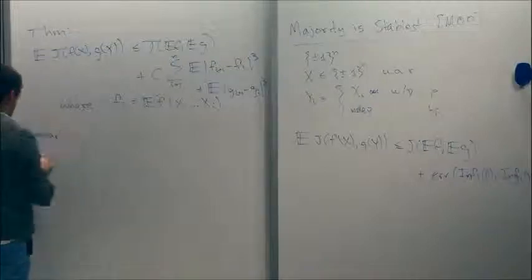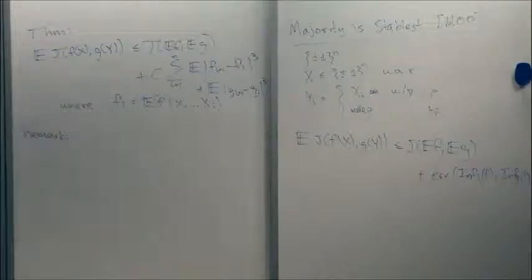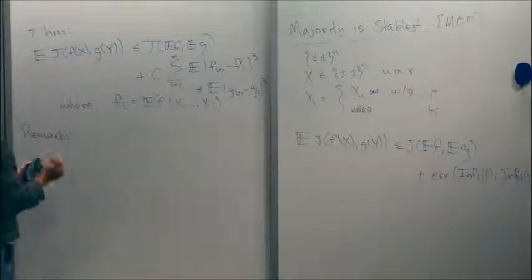So it turns out that from this sort of general statement, you can deduce both the majority is stablest theorem, and you can actually deduce Borell's theorem for Gaussians. Well, actually, so the majority is stablest theorem implies Borell's theorem. So that's a little bit redundant what I just said, but to get from here to Borell's theorem is actually very easy. And you don't actually have to go through majority is stablest. So let me show that first.